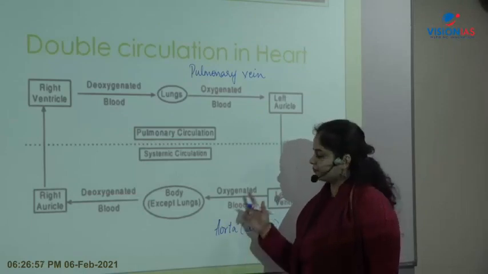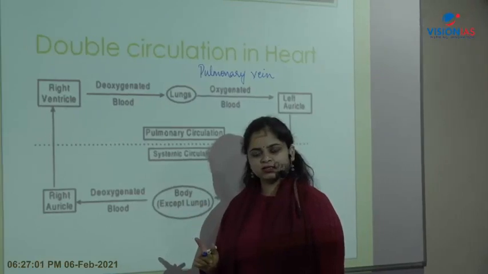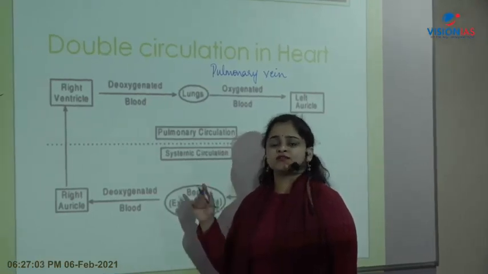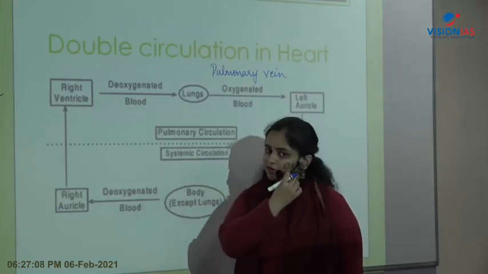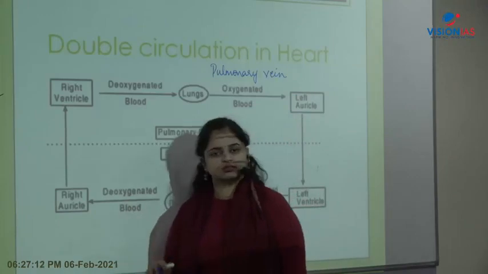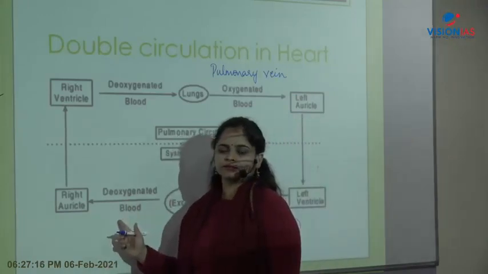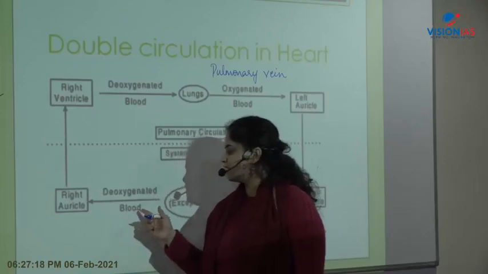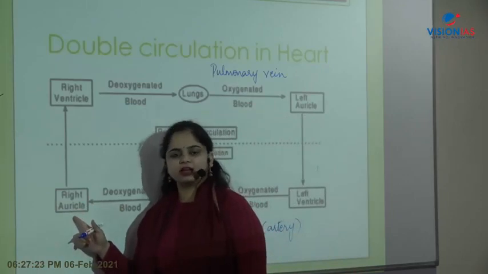Okay? Now, in the body, respiration has taken place. Glucose, we just studied that in respiration. Glucose will use oxygen, carbon dioxide will be formed. So now the blood has lost its oxygen. It's now deoxygenated blood. Okay. This deoxygenated blood from all the parts of the body goes to the right side of the heart.